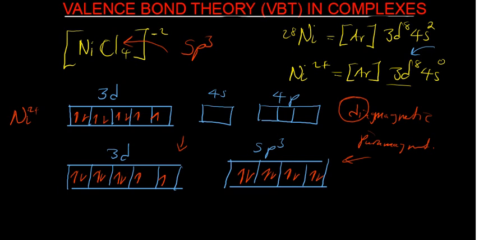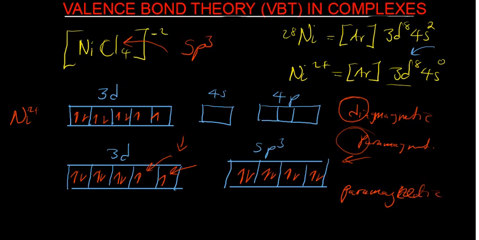If it is paramagnetic, we can have an orbital which is not having 2 electrons. It can have 1 or less. As we can see, this orbital has got only 1 electron. This orbital has got only 1 electron. And so this complex is paramagnetic. Let's hope that's the spelling, paramagnetic.